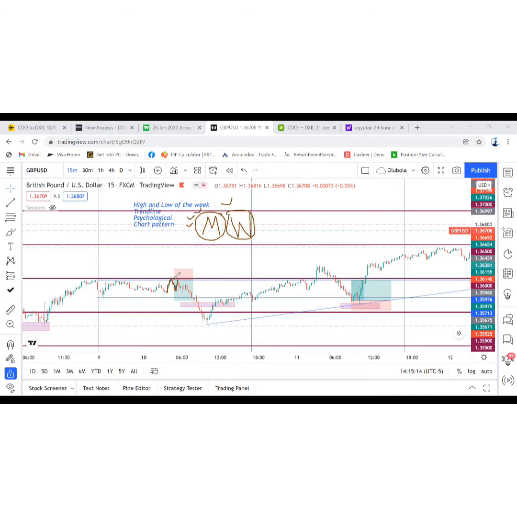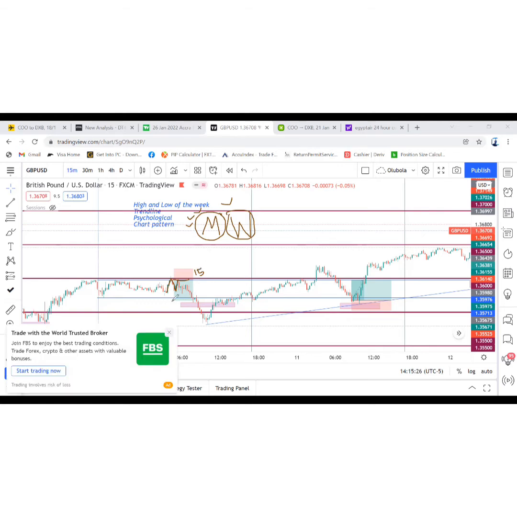At this point, I entered for sell. I have my 15 pips stop loss and I have my 30 pips take profit. And it was a win signal for us on Monday.